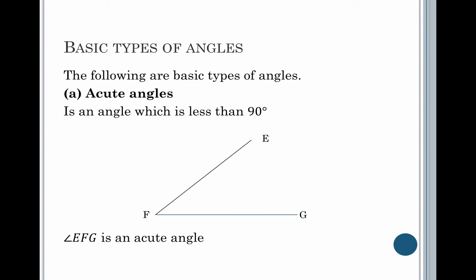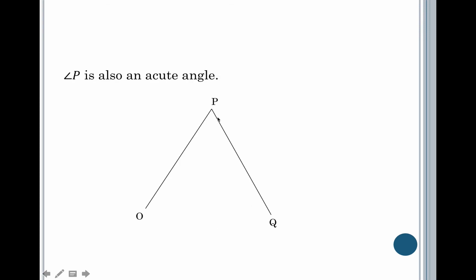Basic types of angles. The following are going to be different types of angles that we see. An acute angle is going to be less than 90. So angle EFG is an acute angle because it's less than 90. Angle P, just a vertex, is an acute angle because it's also less than 90.